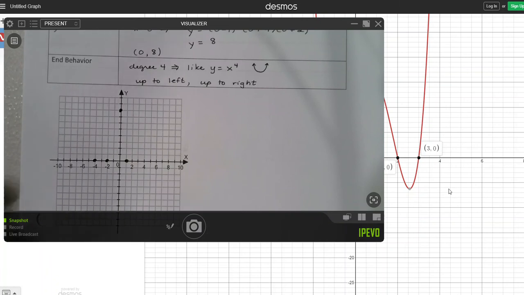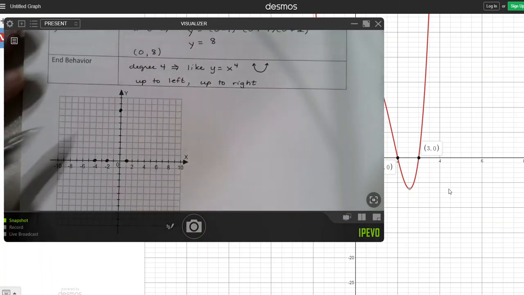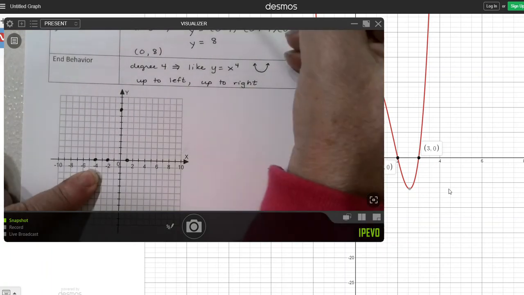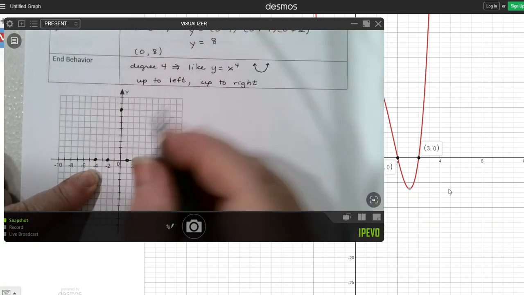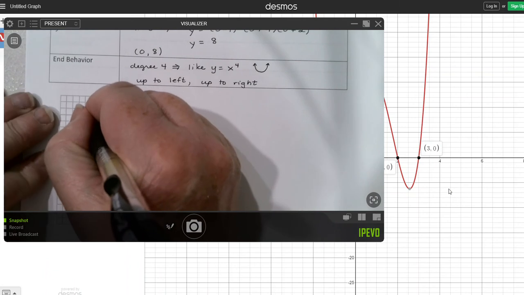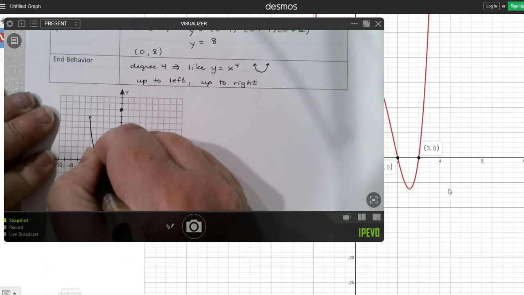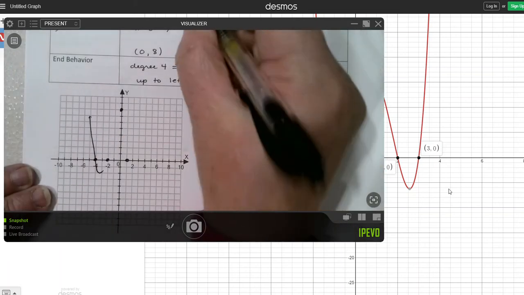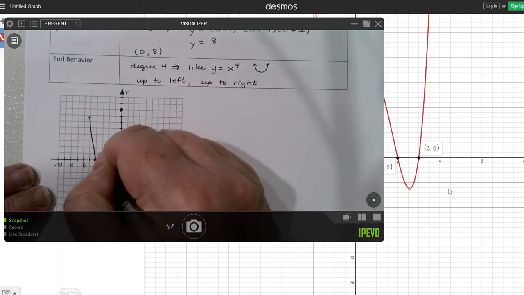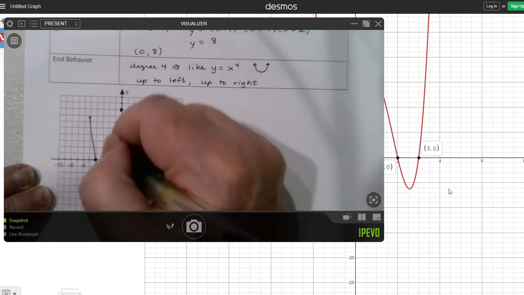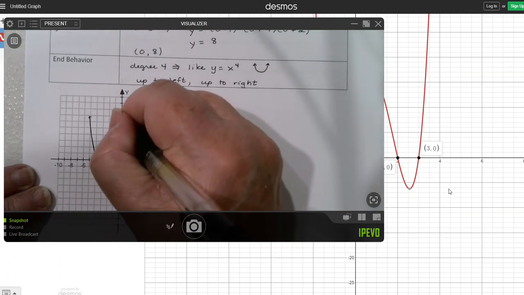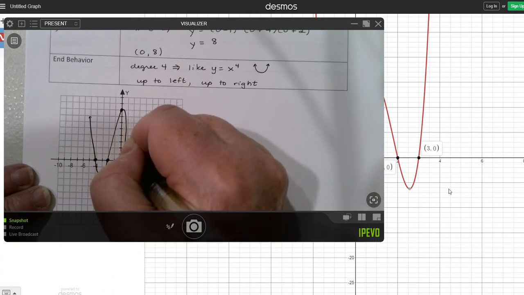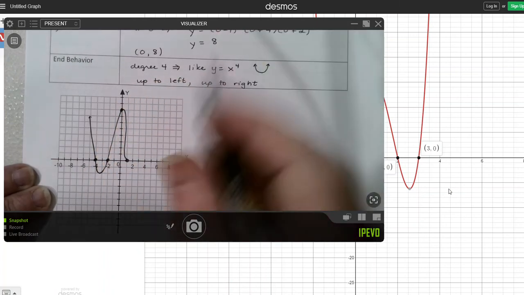And then I'm going to start up to the left. So I'm going to start up here. I'm going to come down and I'm going to cut through at the (-4, 0). Come back up. I'm going to cut through again at the -2. And then I got to go way up here to the y-intercept, quickly come back down, and bounce off at the (1, 0).